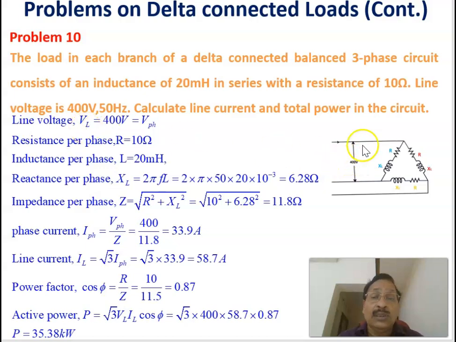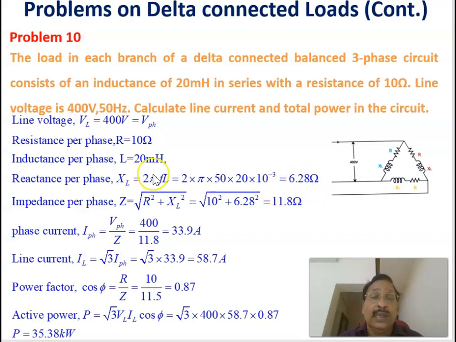Now, line voltage equal to 400 volts, which is the same as the phase voltage, and the resistance R equal to 10 ohms, and inductance is given as 20 millihenry. From this, you have to calculate the inductive reactance XL. XL is given by 2 pi F into L, 2 pi into 50 hertz into 20 millihenry, which gives 6.28 ohms.